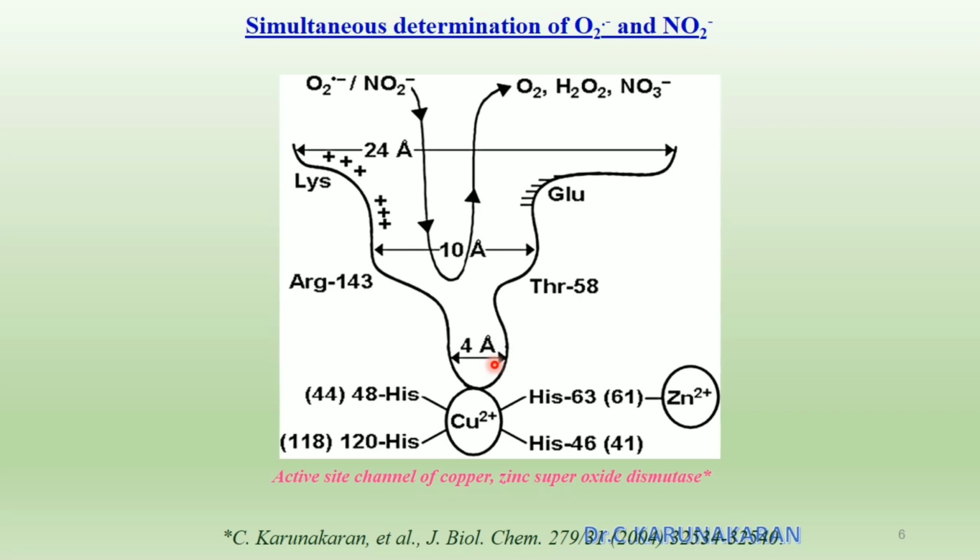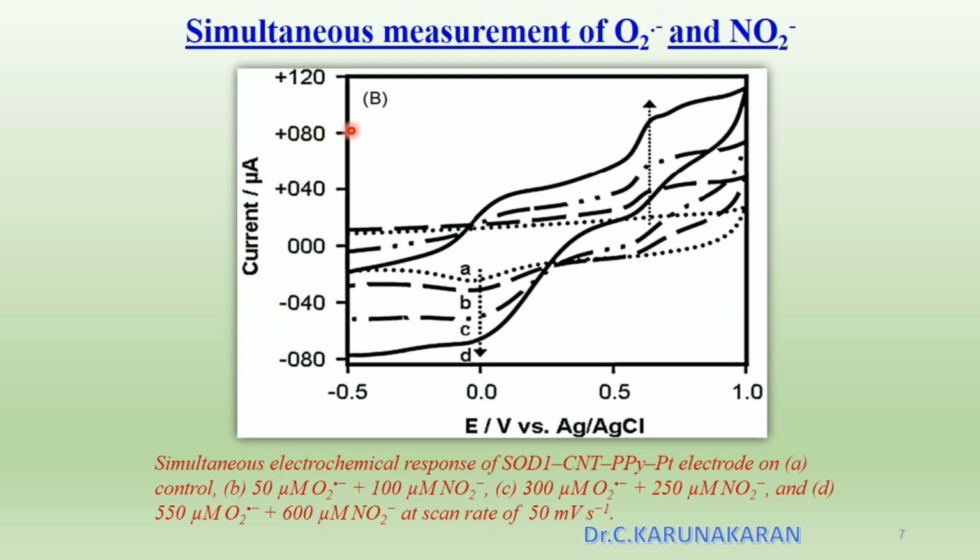Using the same enzyme, we have simultaneously determined both analytes. Using the SOD1 modified biosensor, we have simultaneously measured superoxide radical and nitrite ion. As I said earlier, these small molecules can pass through the narrow active site channel and they undergo redox reaction at the copper active site of SOD1.